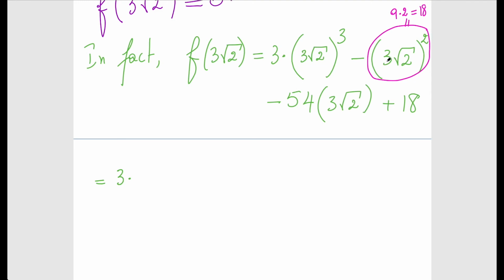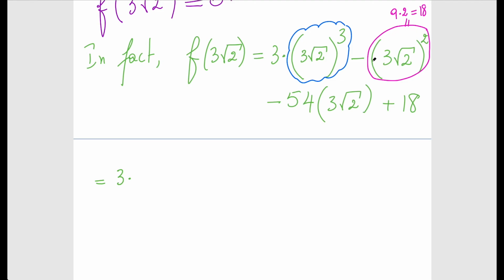One more time. 3 square root of 2 times itself. Well, 3 times 3 is 9. And square root of 2 times square root of 2 is 2. And 2 times 9 is 18. This is what I said. Okay? All right. Now, how about this guy then? Well, it's this guy because I have cube, right?